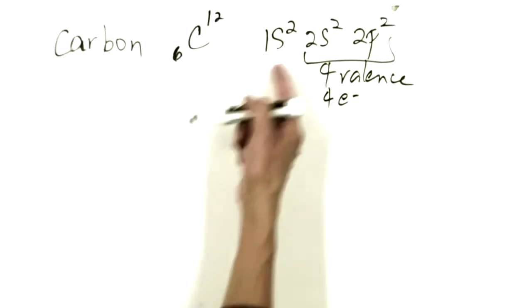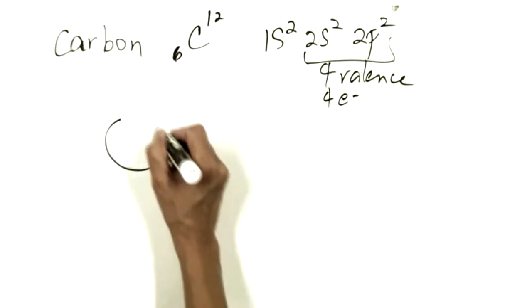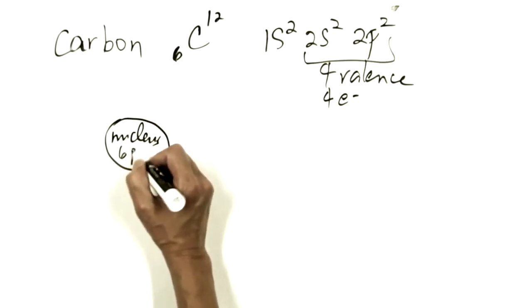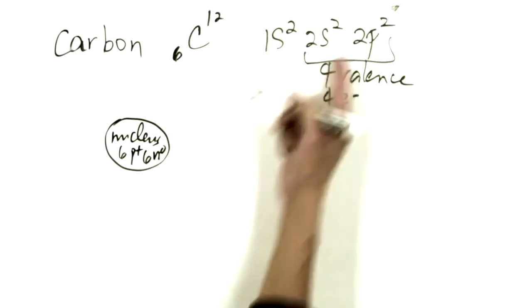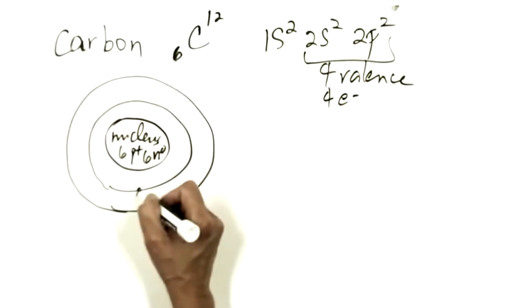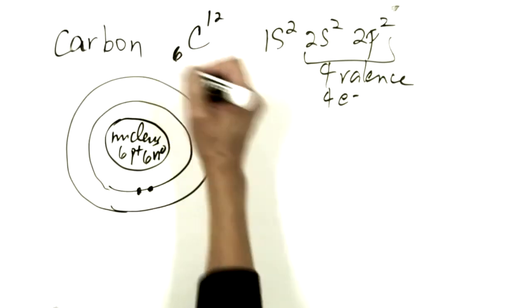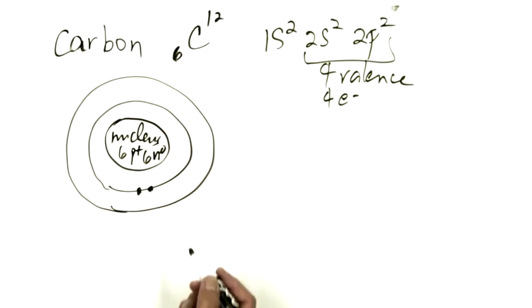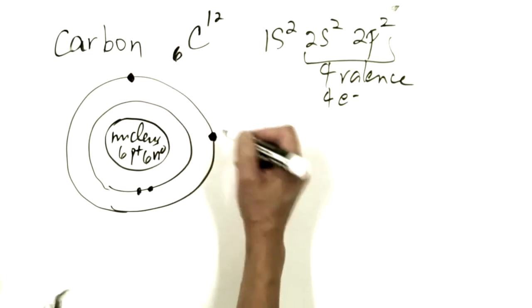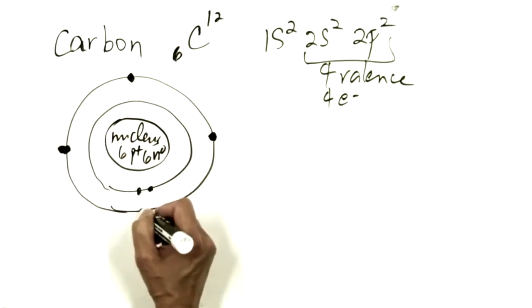So if I were to draw the carbon atom, you would have the nucleus with 6 protons and 6 neutrons. You would have your 2 electron shells. The first shell has 2 electrons, and the next shell has 4 electrons. Now, for our purposes today, let me draw these electrons this way.